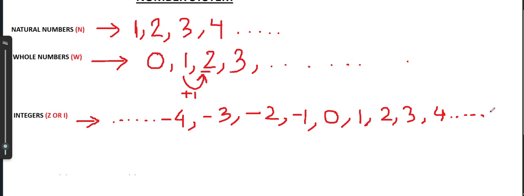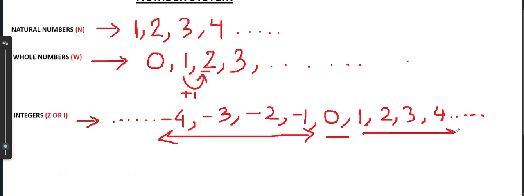The positive numbers continue and the negative numbers also continue. So basically, integers are a group of numbers which contains the negatives of the natural numbers, the 0, and the positive natural numbers.